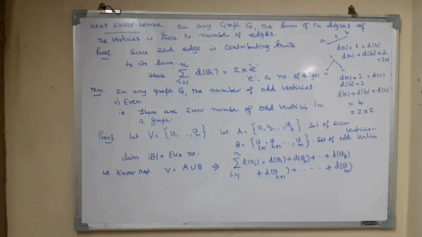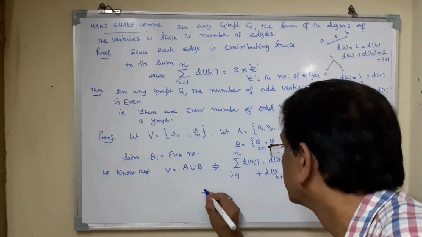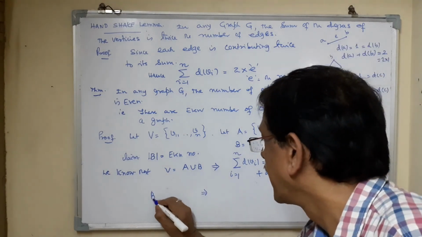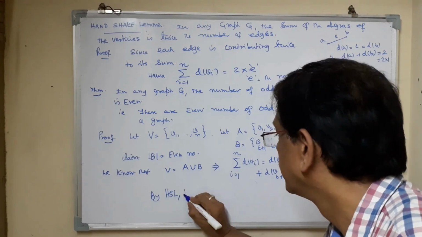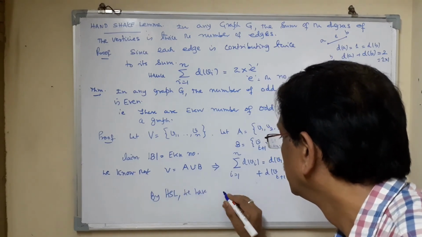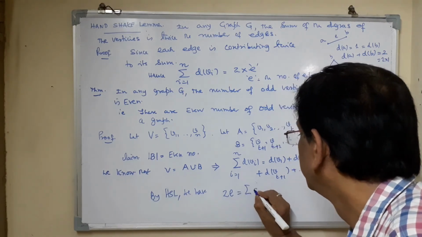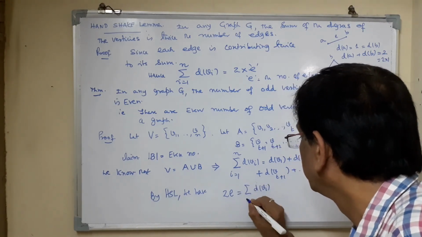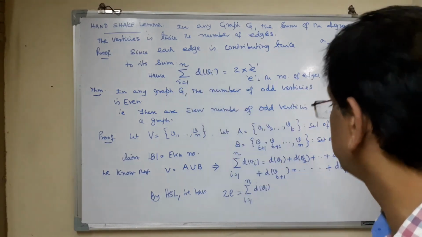I'm just writing the sum. But by the handshake lemma, we have twice the number of edges is equal to the sum of d(vi), i equal to 1 to n. The total sum of d(vi) is twice the number of edges.